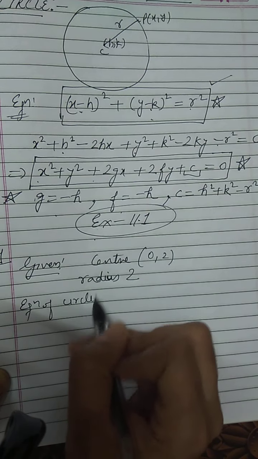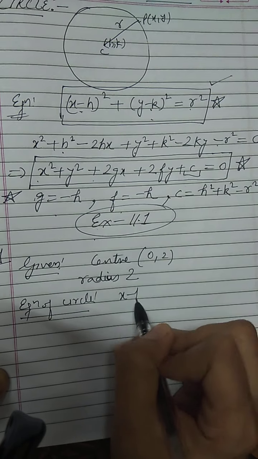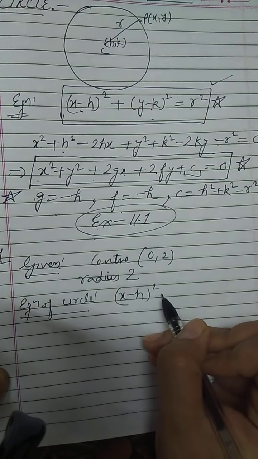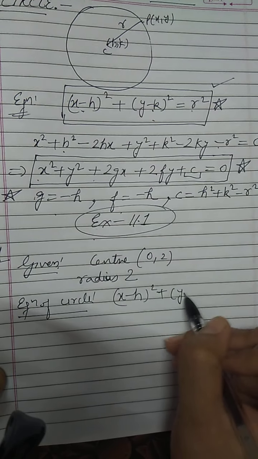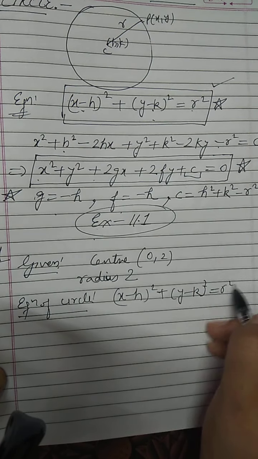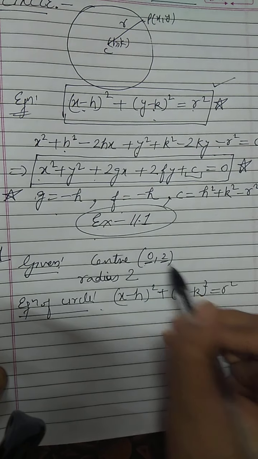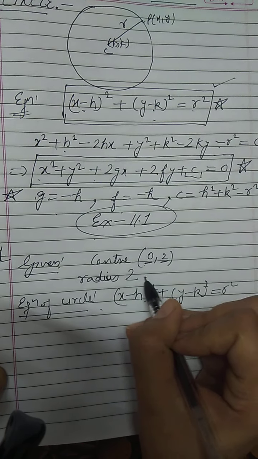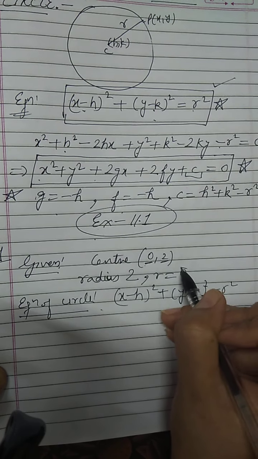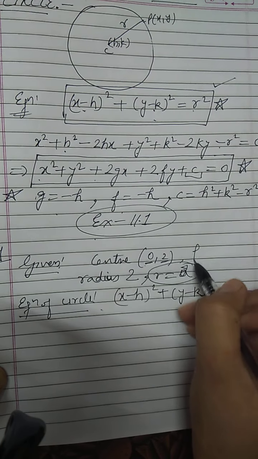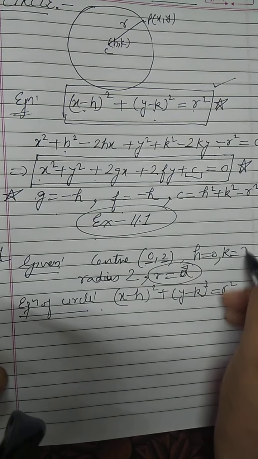First of all, we will write down the standard equation of the circle: (x minus h) whole square plus (y minus k) whole square equals r square. We will just substitute. This is the value of h, this is k, and this is r. So the r value is 2, h is 0, k is 2.